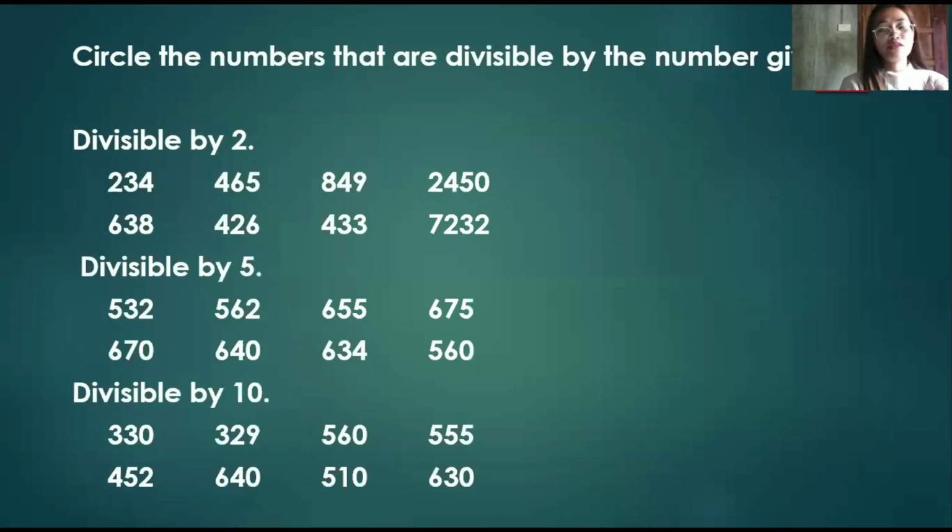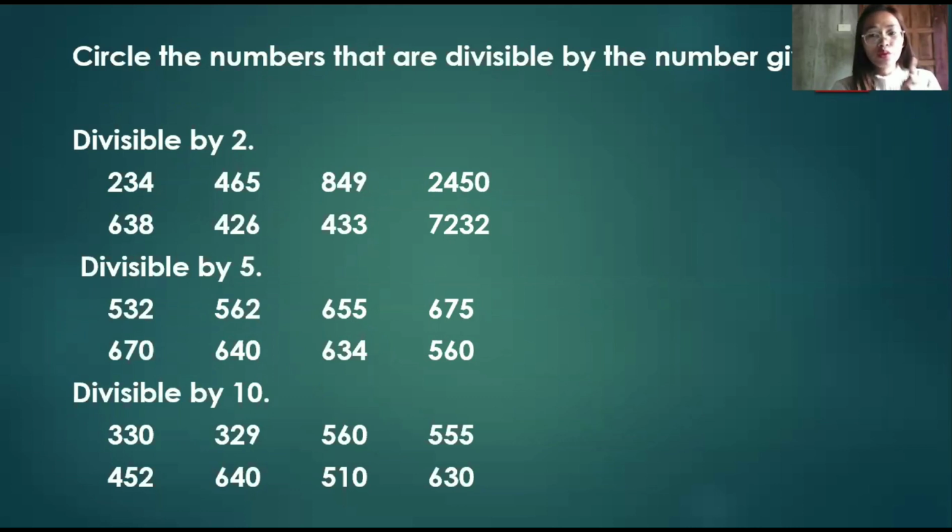So, I am giving you time to answer this one. Circle the numbers that are divisible by the number given. So, choose the numbers on the screen. Which one is divisible by 2, which one is divisible by 5, and which one is divisible by 10.